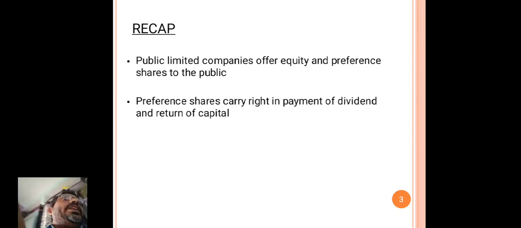Here the shares are the best source to arrange the long term financial needs of a joint stock company.